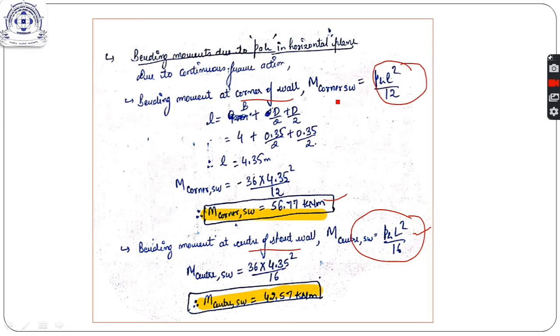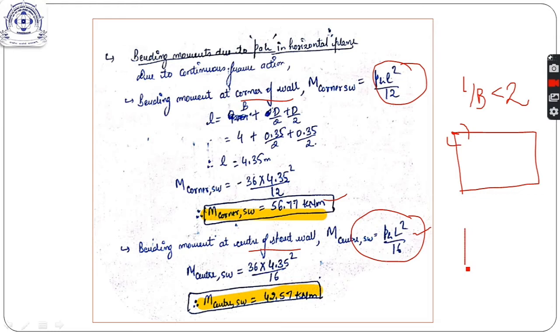Now look here, in the case of L by B less than 2, when the continuous frame action was acting in both the long wall and short wall together, these were the fixed end moments acting in the long wall and short wall. So for the corner moment we had to do the moment distribution method.